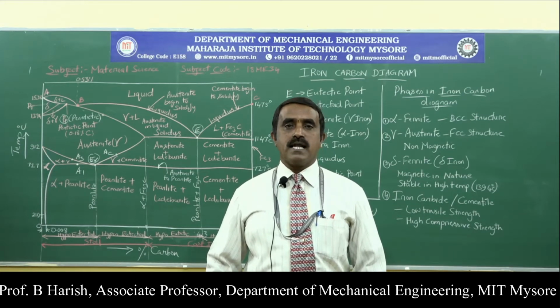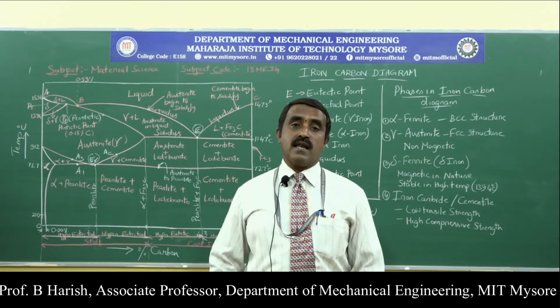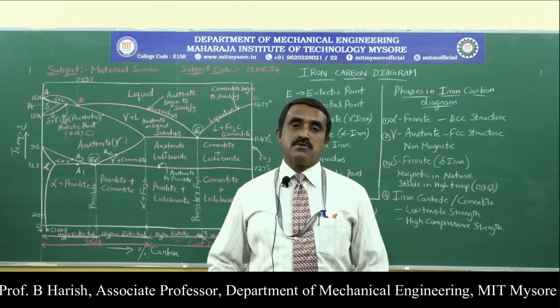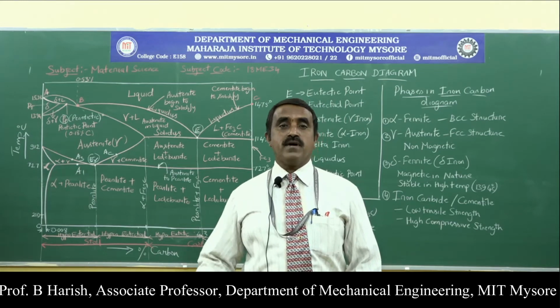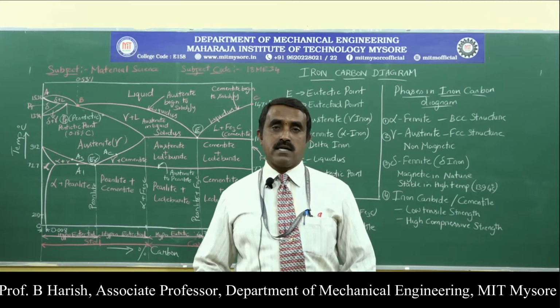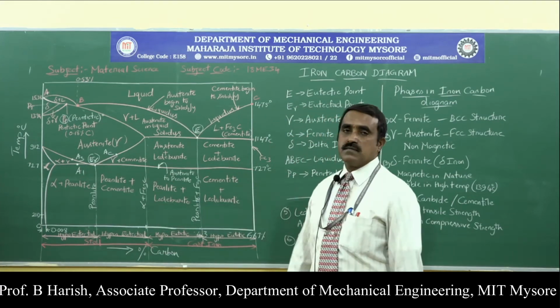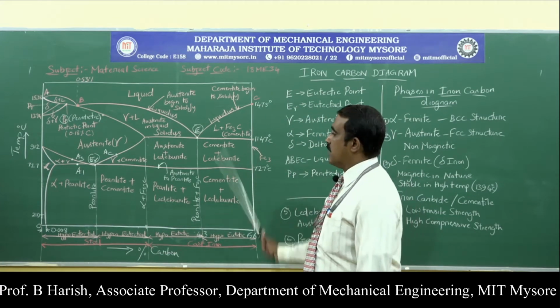Here carbon is the interstitial atom which occupies the interstitial space in the structure of iron. So we can study the different interstitial forms of iron. Before that, what are the different points that we have to study in this iron carbon diagram.